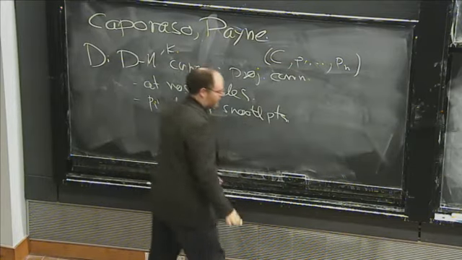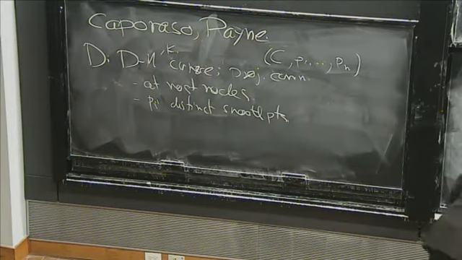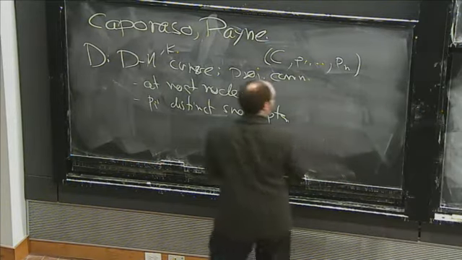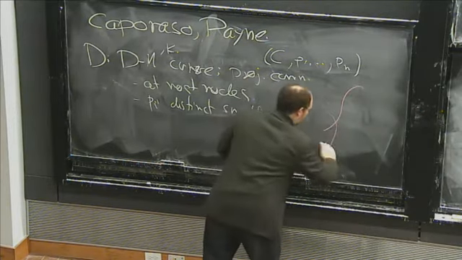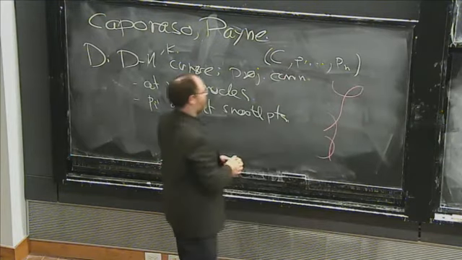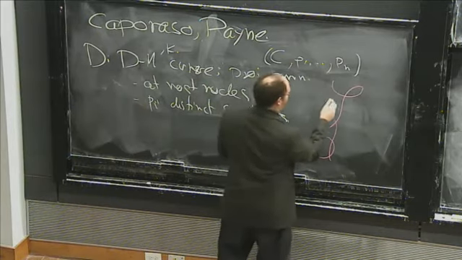So here's a Deligne-Mumford curve. Here are the components, maybe some self-intersection, maybe some more interesting self-intersection. Here are some marked points.